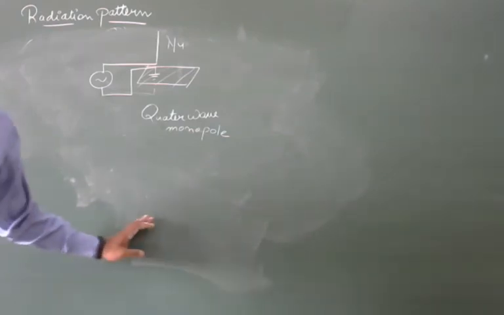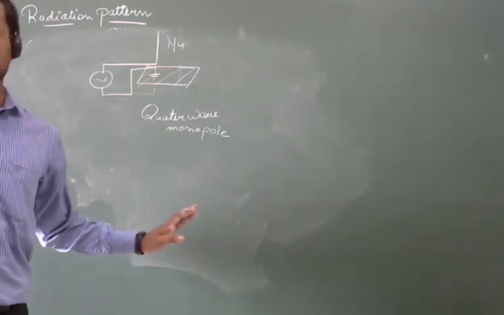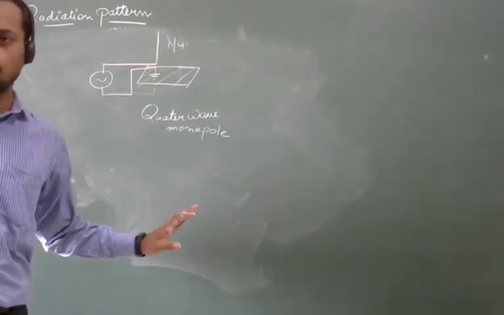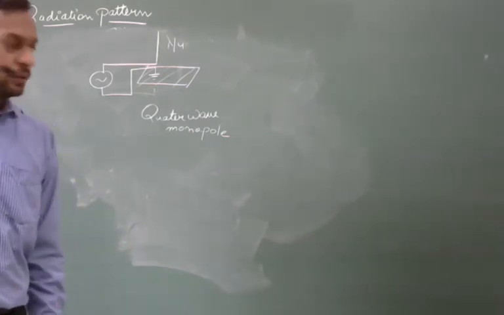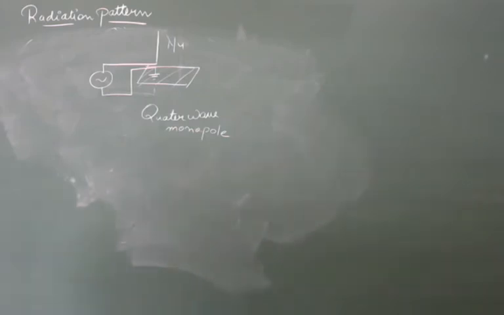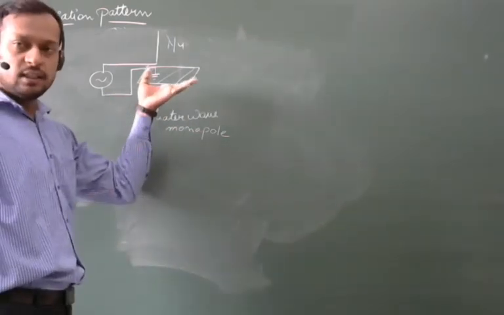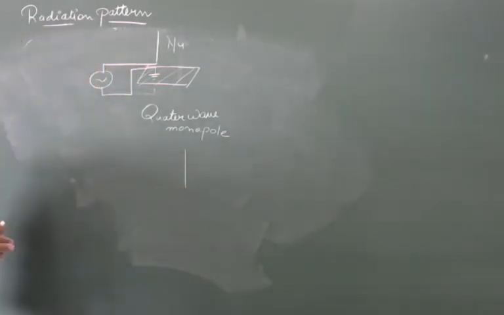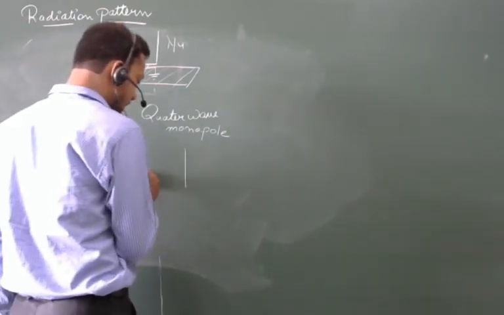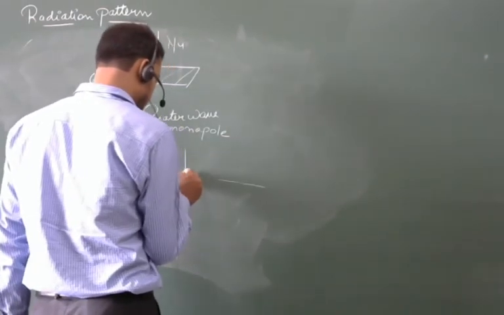Something you have seen in your radios, old mobile phones, the antenna. So the quarter wave monopole does not have the other negative polarity. So the pattern is similar to the half wave dipole, but it does not have the lower part. So this part is cut out and we have only this part.